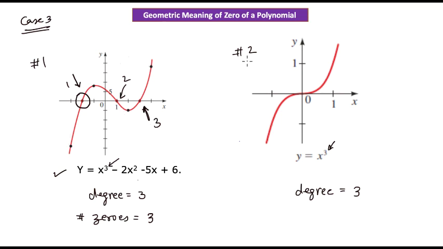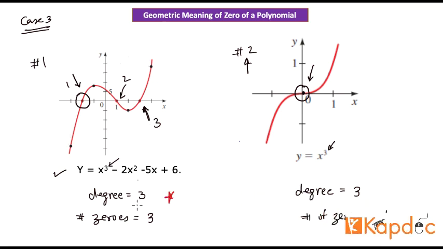And in diagram number 2, there is precisely one location at which this curve intersects with the x-axis. So the number of zeros in this case will be equal to 1. And once again, this highlights a good finding: the maximum number of zeros we could find in any polynomial will be equal to the degree of that polynomial.